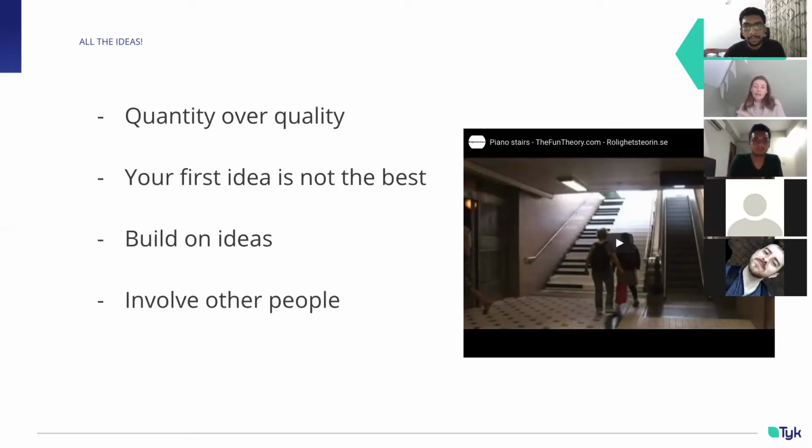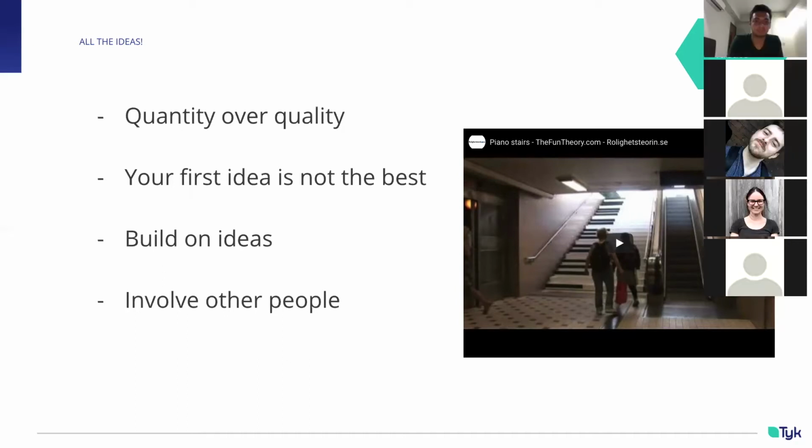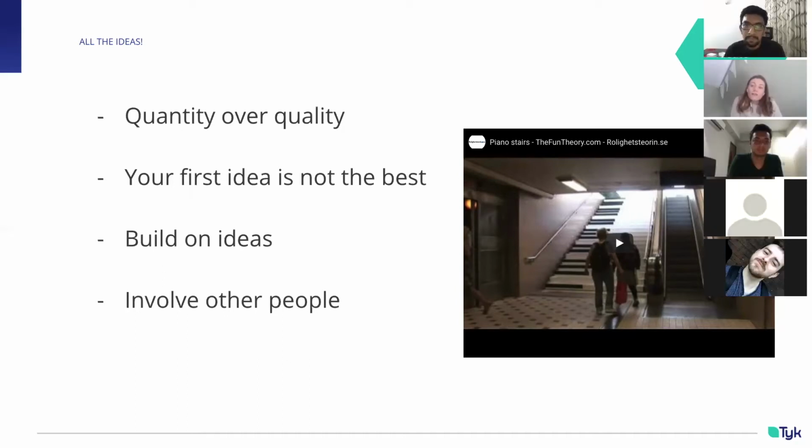You can narrow it down later, but when brainstorming, quantity is best, because your first idea tends not to be your best idea, and ideas feed off and jump off other ideas. You can build on top of them, and you can strip them back.